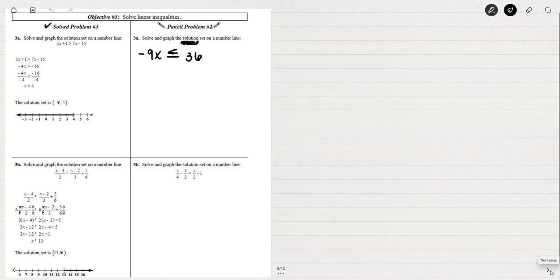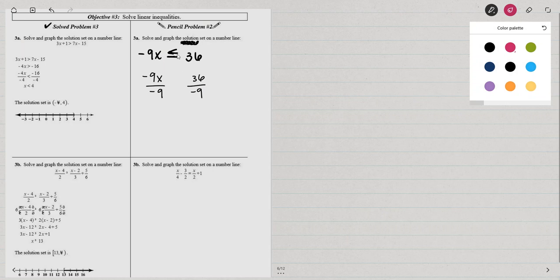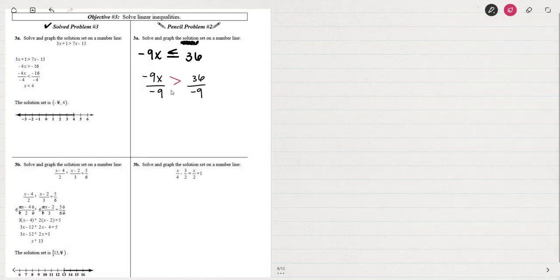Solve and graph the solution set on a number line. I'm going to start by solving the inequality. So I'm going to divide both sides by -9. But do you remember that when we divide by a negative, this inequality changes its direction? So it was less than or equal to.